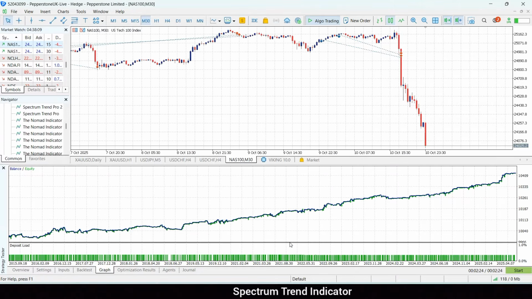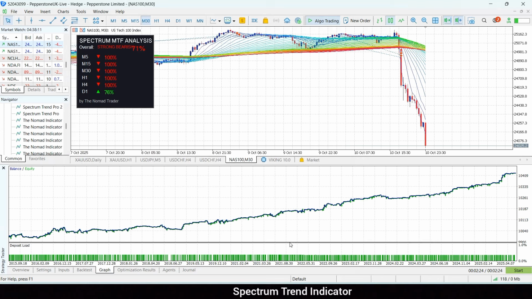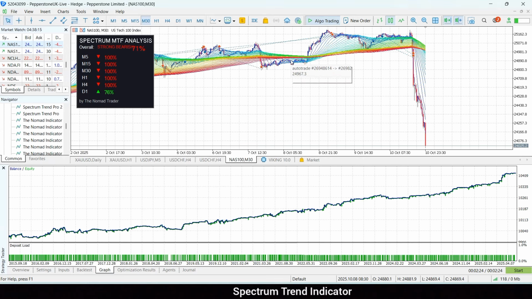Let's see how we are doing on the Nasdaq. As you can see, it broke everything in this moment, and we have 100% bearish momentum on most of the charts.